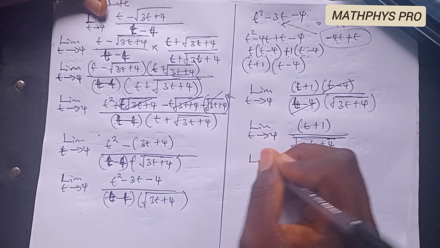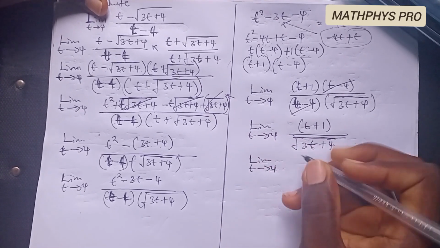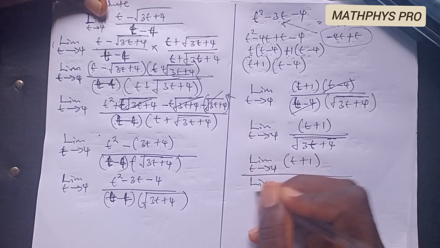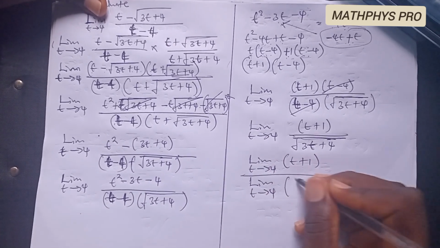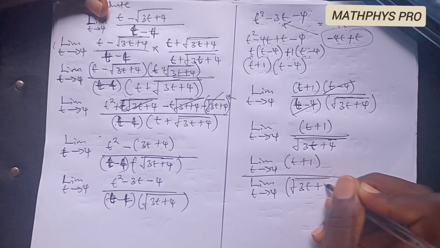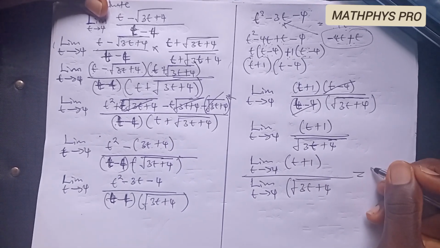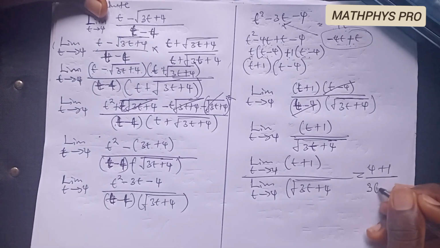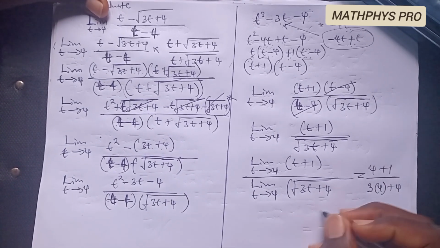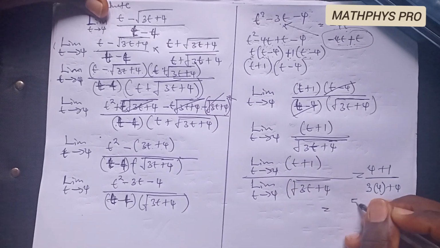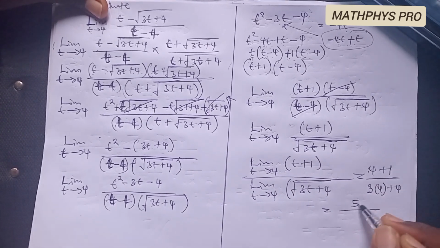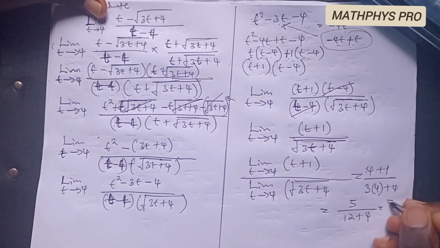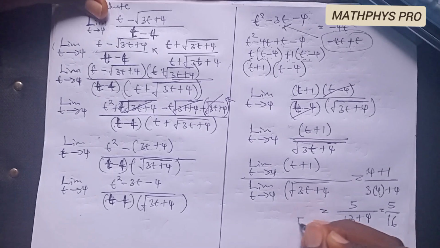So this is the limit when t approaches 4 of t plus 1 over the limit of root 3t plus 4, which is equal to 4 plus 1 over root 3 times 4 plus 4. 4 plus 1 gives you 5. 3 times 4 gives you 12, plus 4, which is 16. So 5 over root 16.